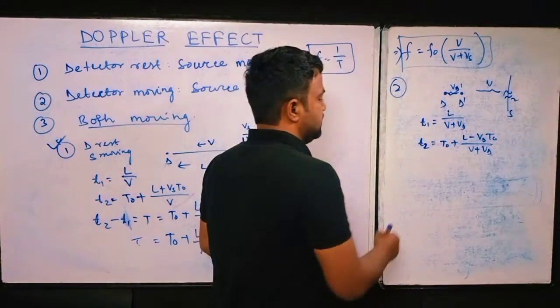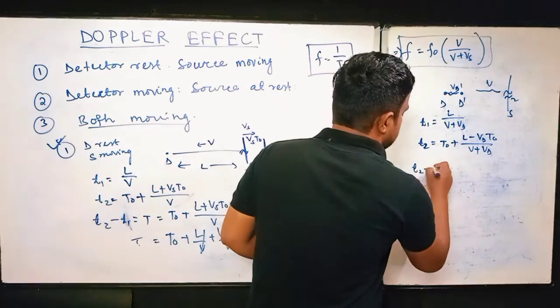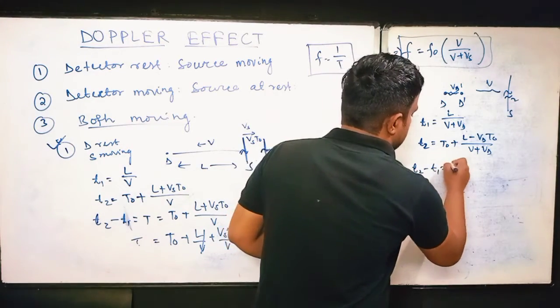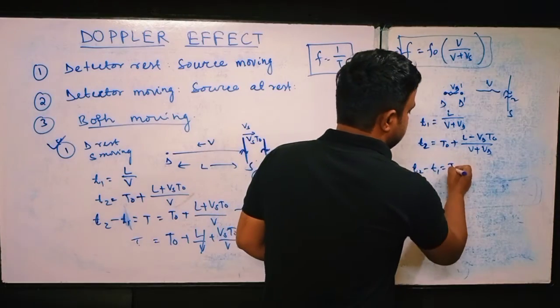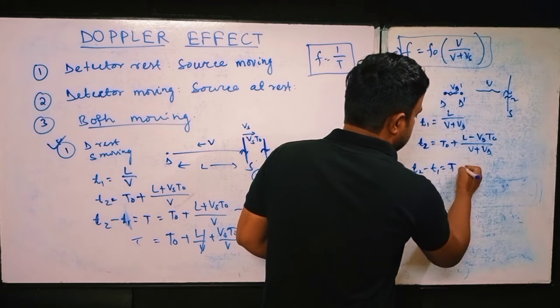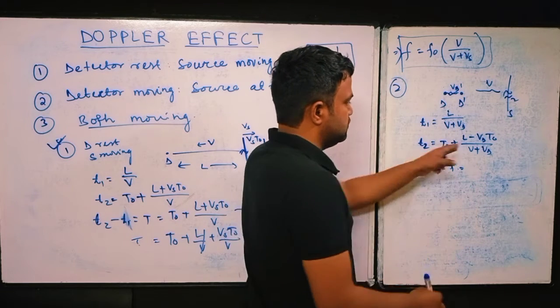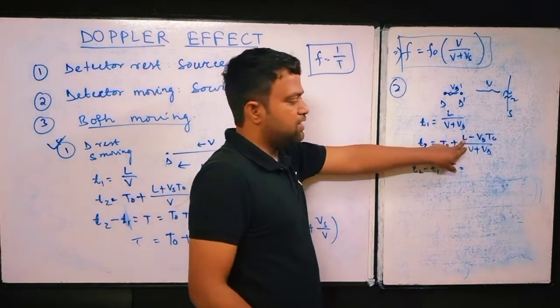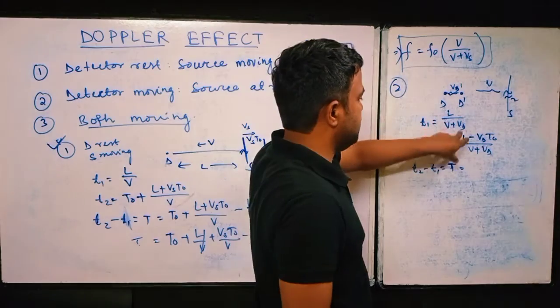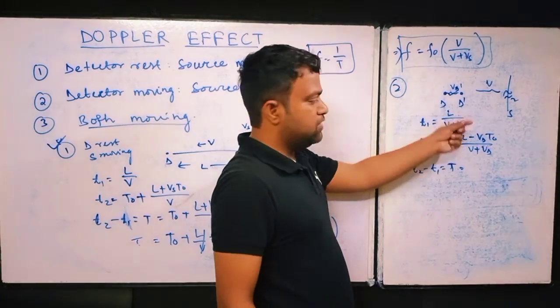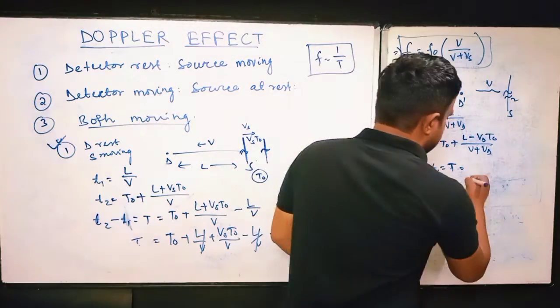Now the observer or the detector will get the time period, so T2 minus T1 is equal to T, the time period for the detector. Just subtract it. See, L upon V plus Vd, here also L upon V plus Vd, so this term will be cancelled out.